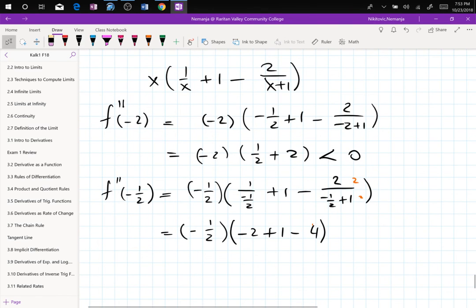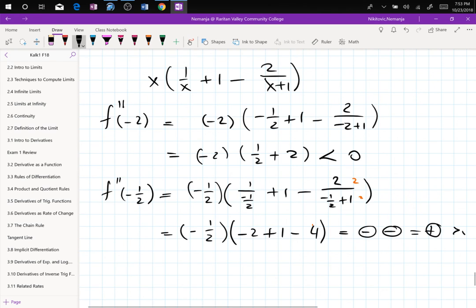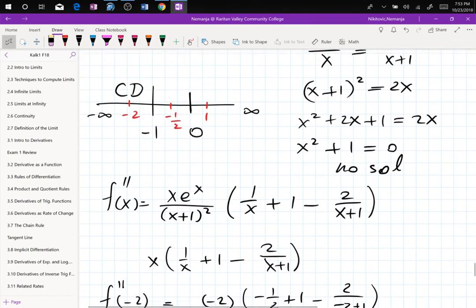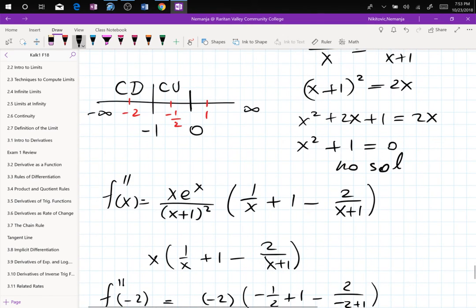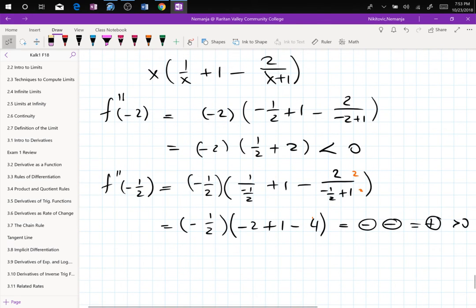That's good. So now what do we have over here? I have negative times negative. That's a positive. So now concave up. I hope that was valid. And then the last is plus 1. So the second derivative at 1, that's going to be 1 times 1 plus 1 minus 2. I'm getting a 0, and that's not good because then it's a critical point, and then it's an inflection point, right?